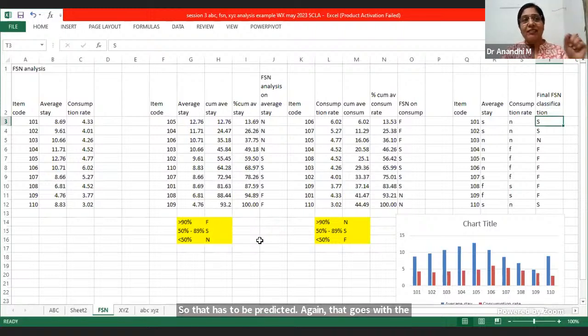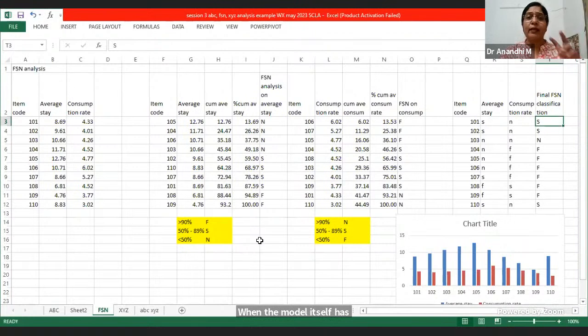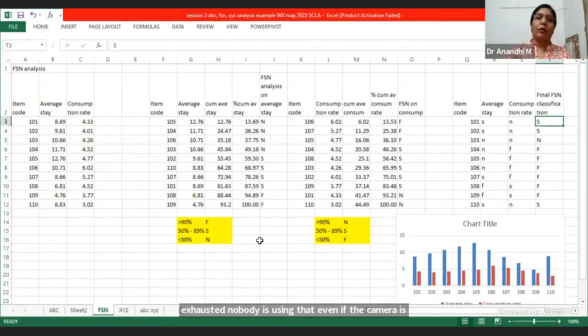And that is why certain categories of items, for the sake of holding them in your retail unit or your bucket list, have to be held under non-moving items. But there are scenarios where you can take a decision to totally remove an item when the model itself has got exhausted. Like I told you, a camera with film roll is totally exhausted. Nobody is using that. Even if the camera is available, film roll may not be available.